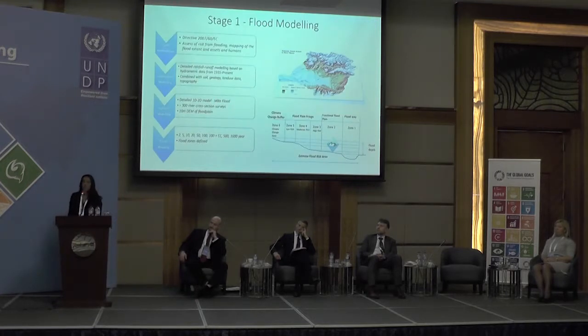So under flood modeling, Georgia has an association agreement with the EU and is approximating to its relevant directives, including the Floods Directive. So the methodology that was employed is the EU Floods Directive, which requires countries to assess the risk from flooding, mapping of flood extent and assets, flood extent to assets and humans.